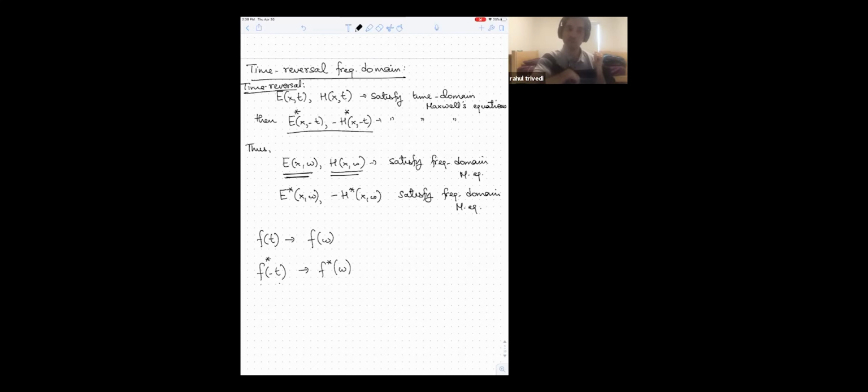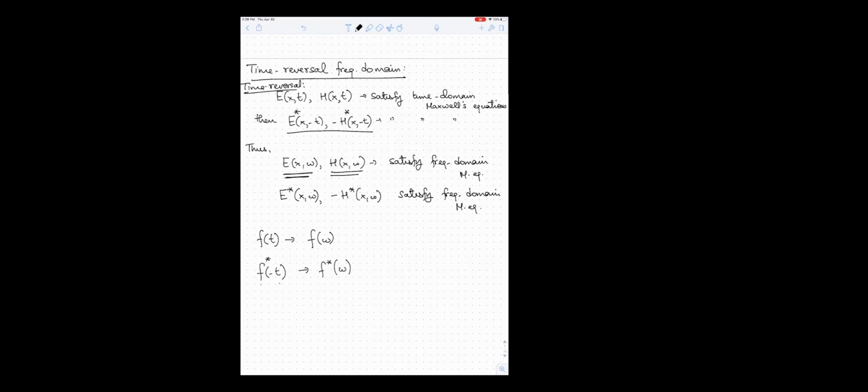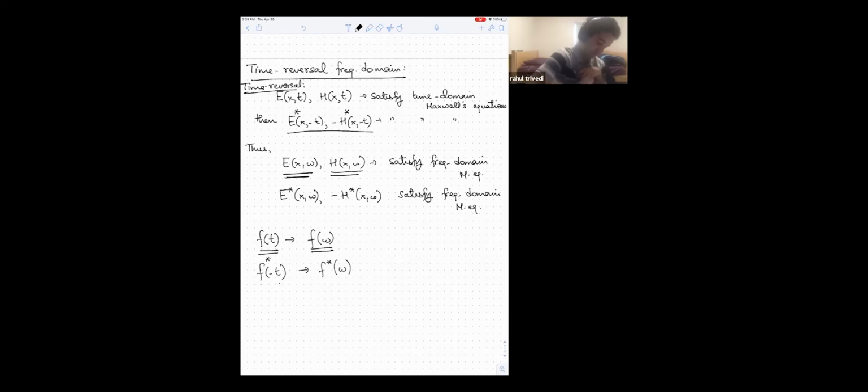Okay. Does this make sense? Is there some derivation in the reader? Yeah, so I'm not sure if this is in the reader though, but this is just an application of Fourier transform, right? So f of t has Fourier transform f of omega, f star of minus t has Fourier transform f star of omega.